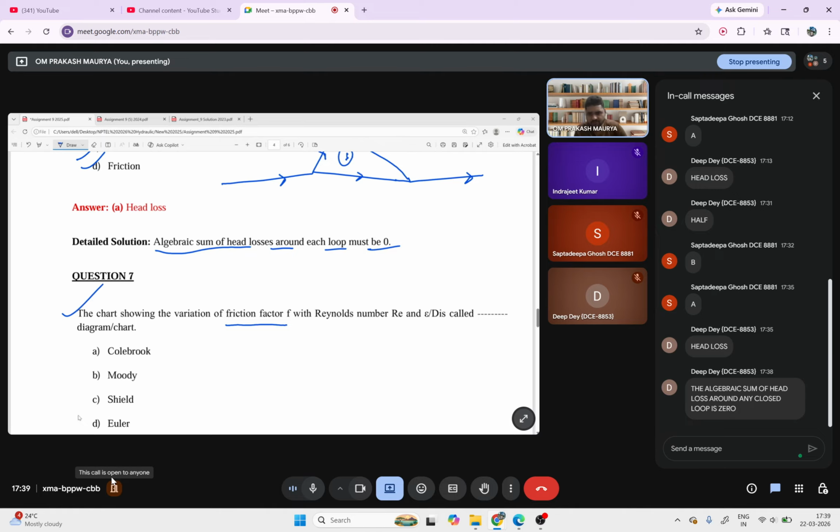Very easy question. Actually, when I was discussing, I think in week 7, at that time I was discussing the same thing. So I hope you have remembered, then very easily you can give the answer. You have one chart which has the relation between friction factor, Reynolds number, and e by D.